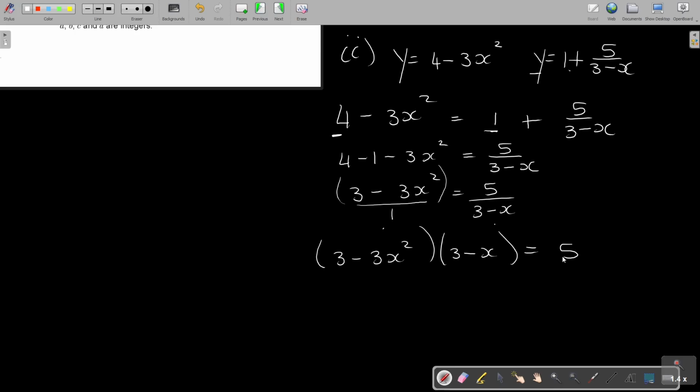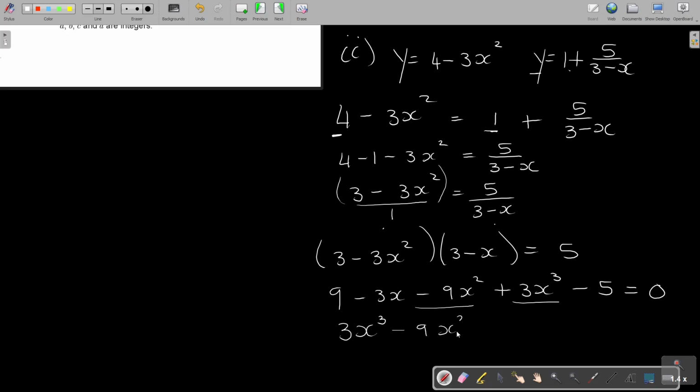If I multiply it out, 3 times 3 is 9, minus 3x minus 9x squared plus 3x to the power of 3, minus 5, bring that over to equal 0. So there is my 3x to the power of 3 minus 9x squared minus 3x plus 4, because 9 minus 5 is 4, and that is equal to 0.